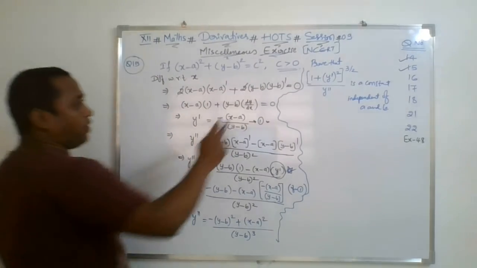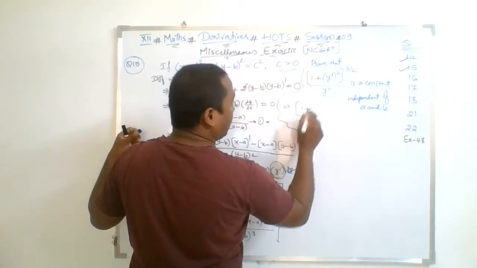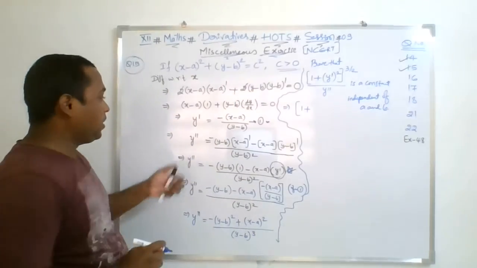Simply substitute these values in the expression. You can see 1 plus, what is the y dash value we have? This one.